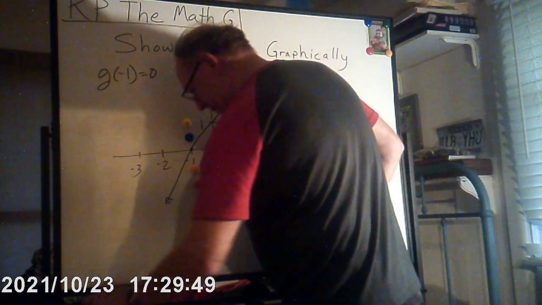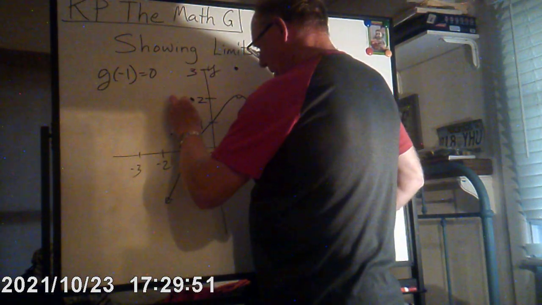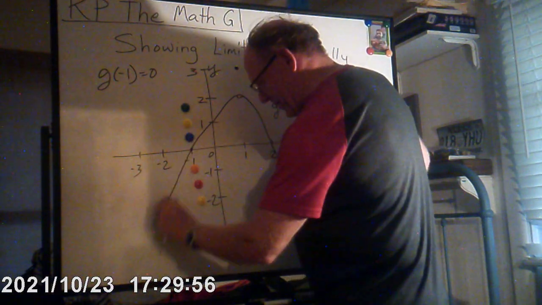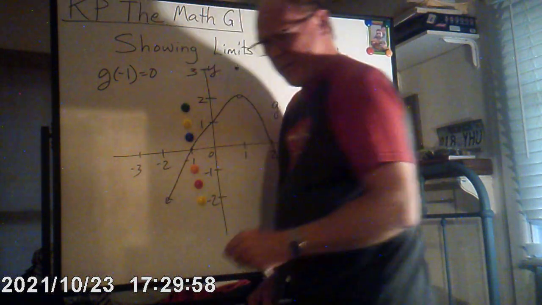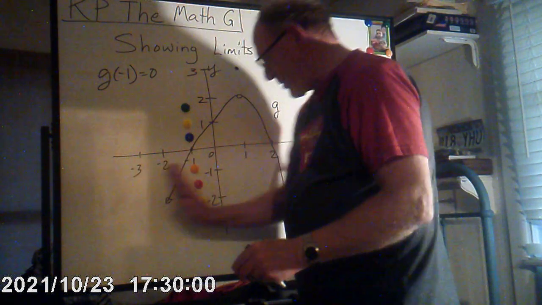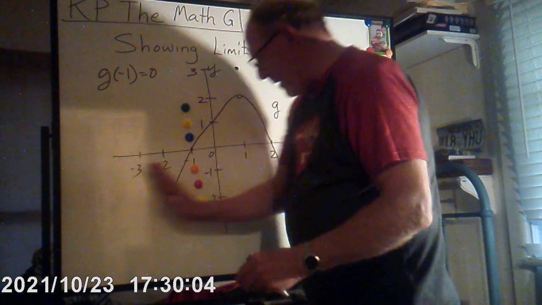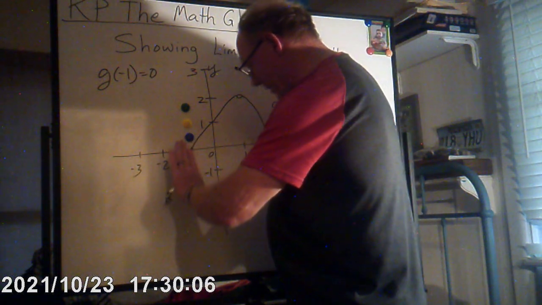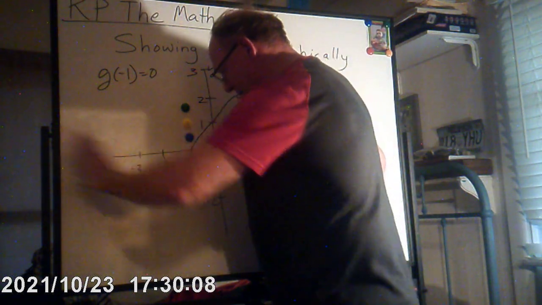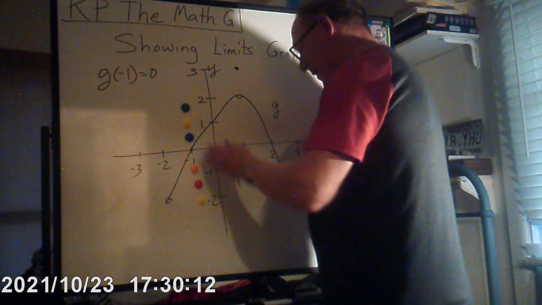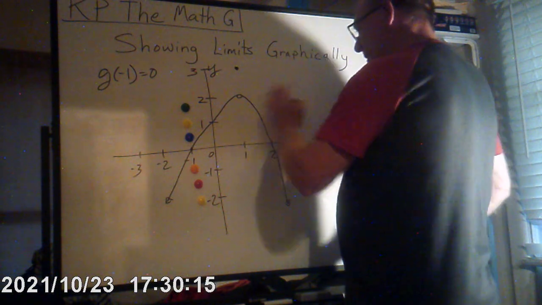To the left, this goes on and on forever, but to the left of this, you might say that the domain is from negative 1 to negative infinity, and then from negative 1 to positive infinity would be the right side.